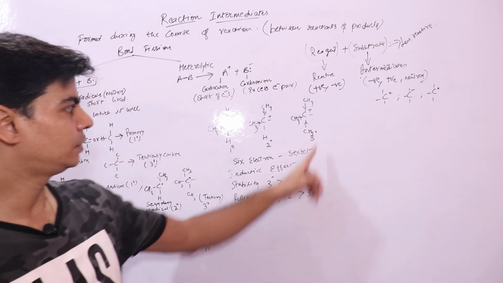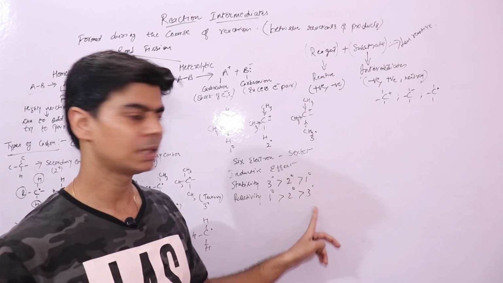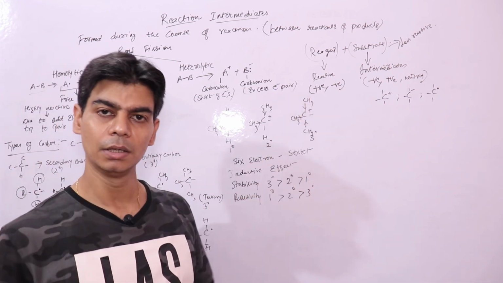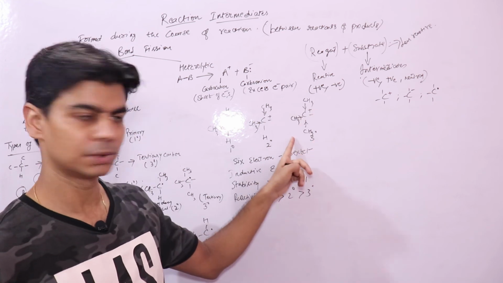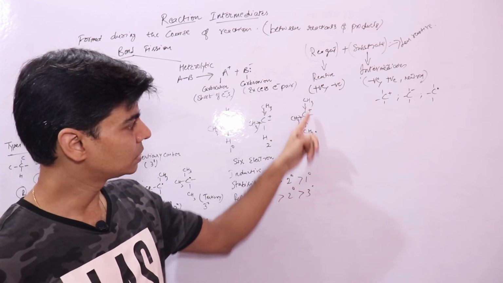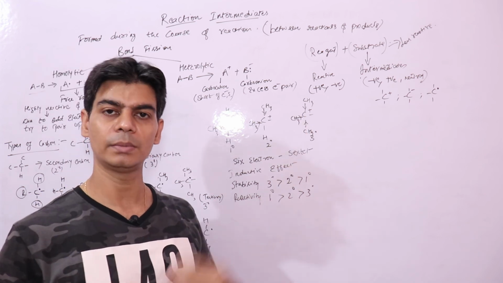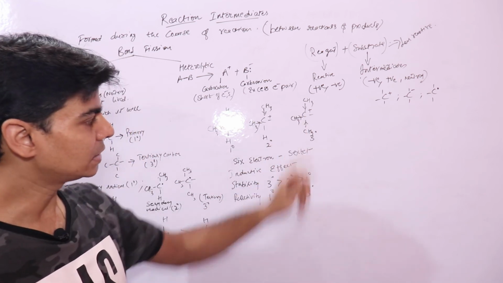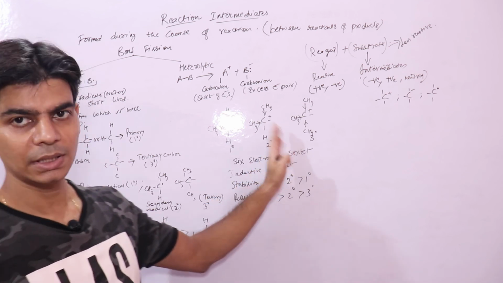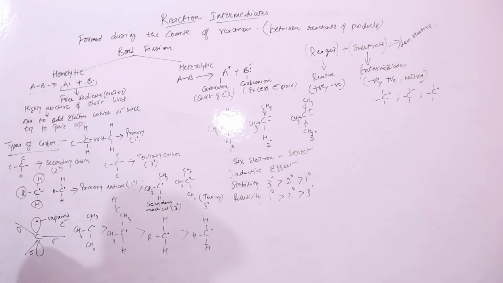So reactivity of tertiary is minimum because it has maximum stability due to plus I effect of methyl groups, right? All 3 methyl groups would be able to disperse the positive charge on the carbocation to the maximum extent, right? So this has minimum reactivity and maximum stability, right?